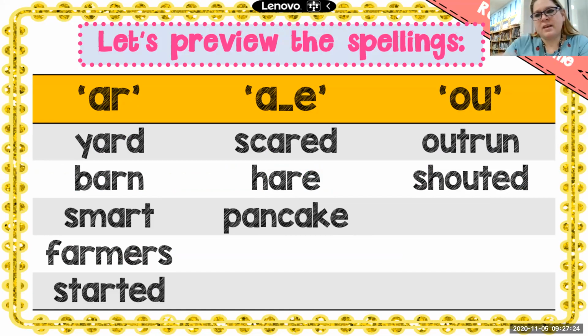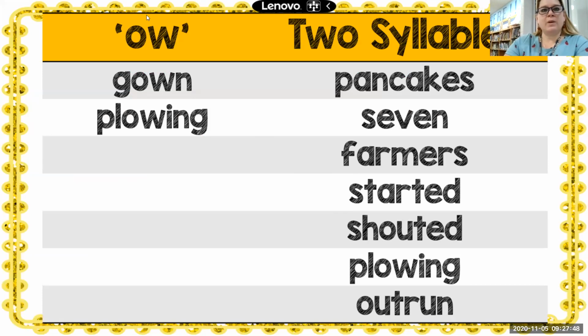And then we have the AE sound that even though there's a consonant between the A and the E, it still says A, okay? So we have scared, hair, and pancake. And then we've also talked about the owl sound with OU. And we have outrun and shouted. Right. We have the OW sound that says ow, like gown and plowing.